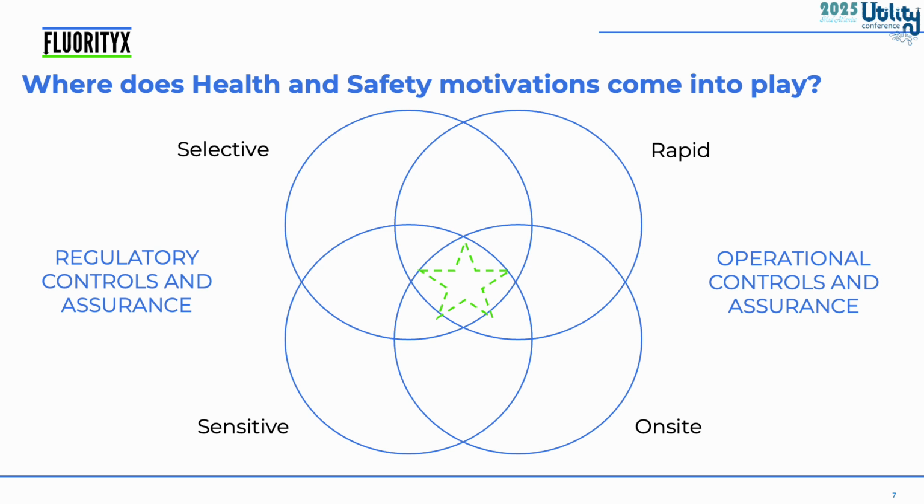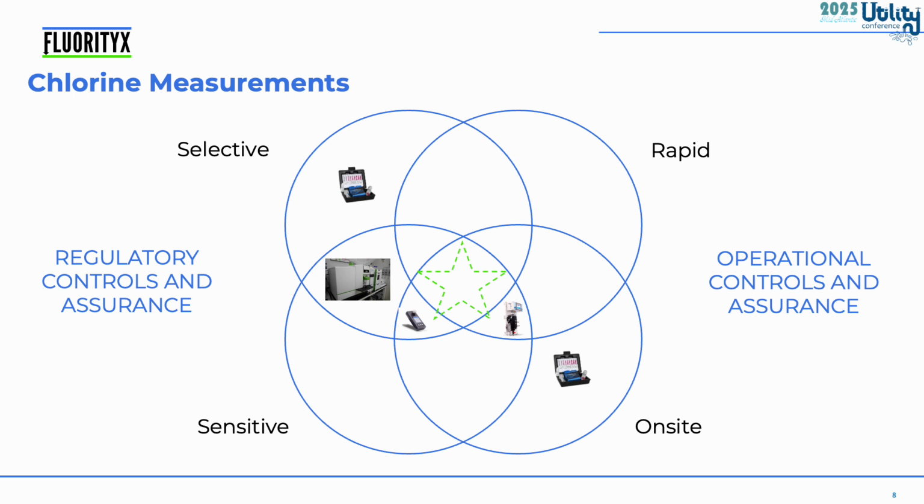You want both the ability to be very selective and sensitive for what you're trying to measure, and then also to have that measurement rapid, available, and ideally in line on site, so you can make any changes again to protect overall health and safety.